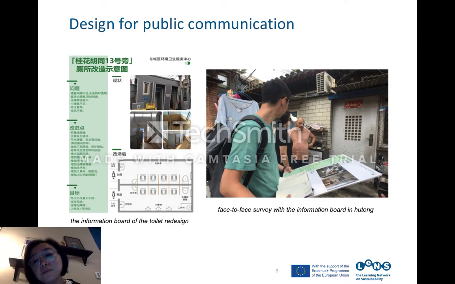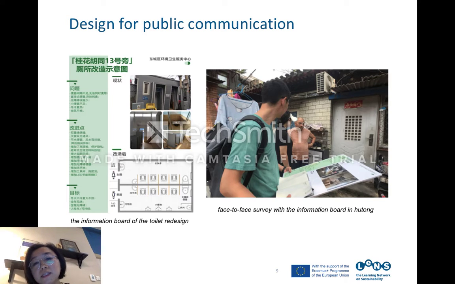In the process of design, we tried to explain what we would do: how the ventilation system works, with which technology we control the smell, and whether we can balance privacy and space.